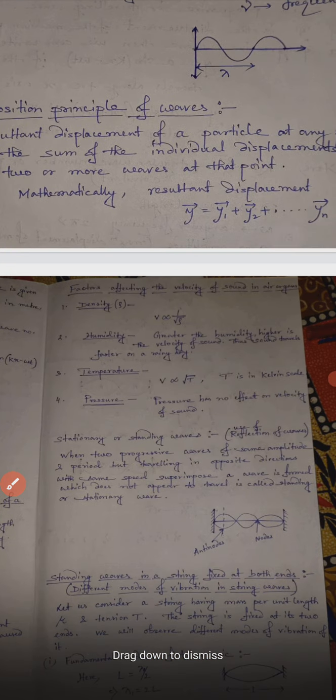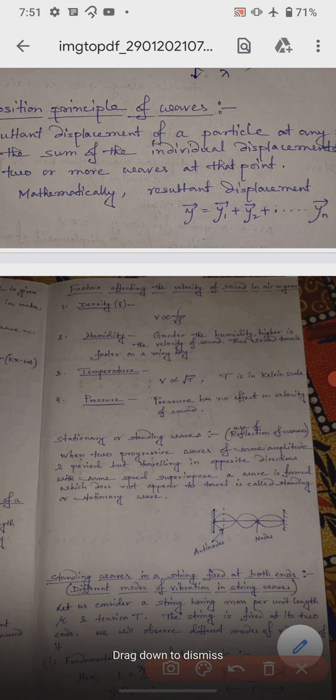The next one, factors affecting the velocity of sound in air or gaseous medium or gases. We know that for the velocity of sound, the formula we just got is v equals lambda nu.